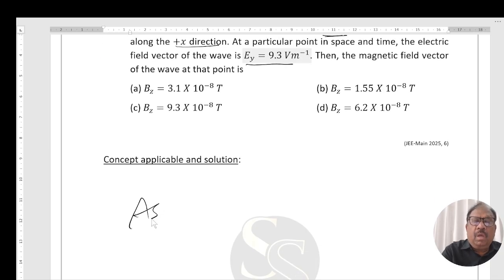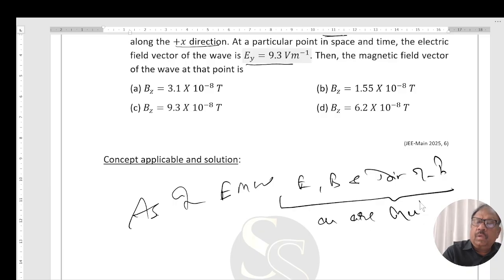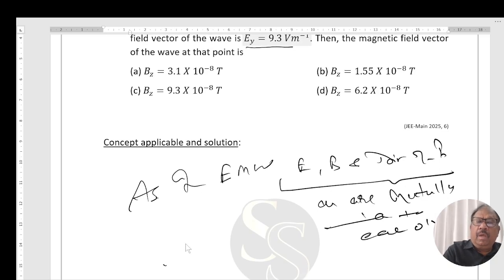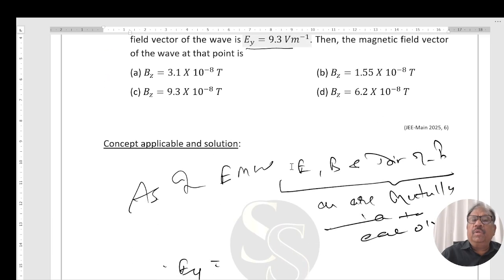Now as in an electromagnetic wave, E, B and direction of propagation are all mutually perpendicular to each other, and in this case Ey is given to you, Ey equal to 9.3 volt per meter.